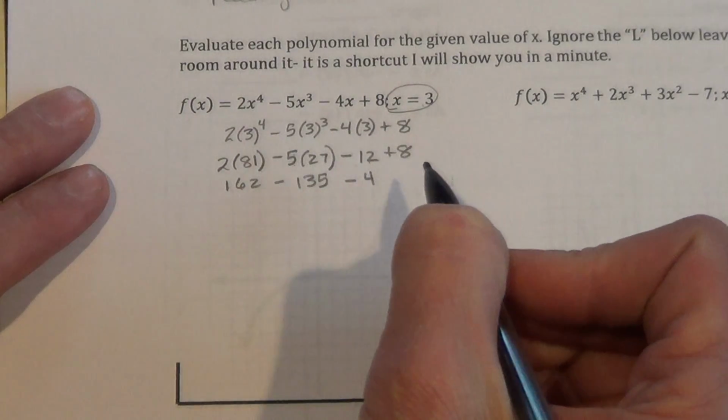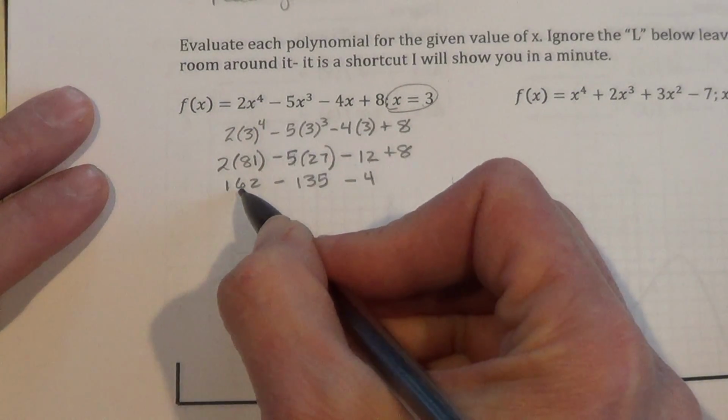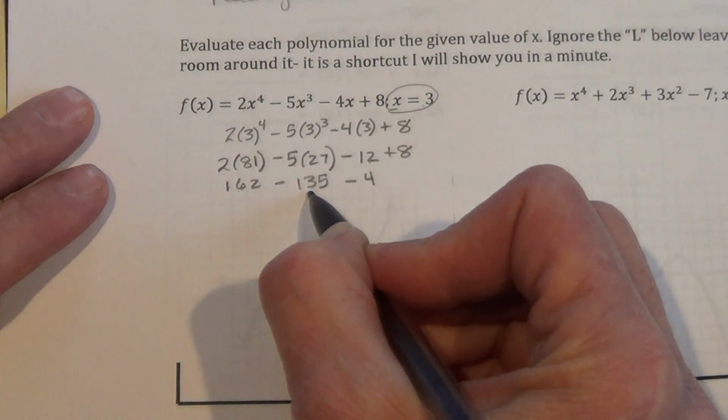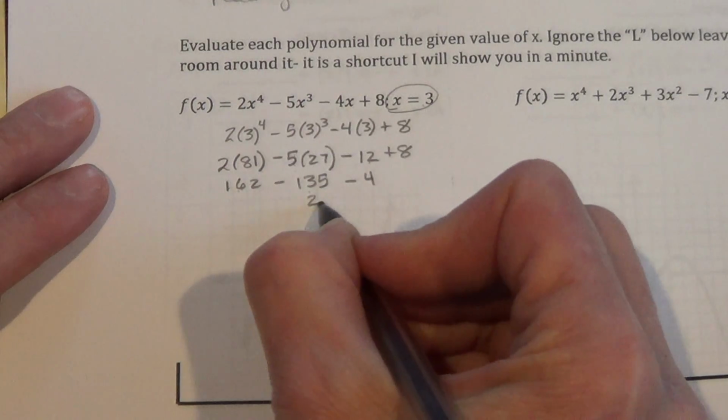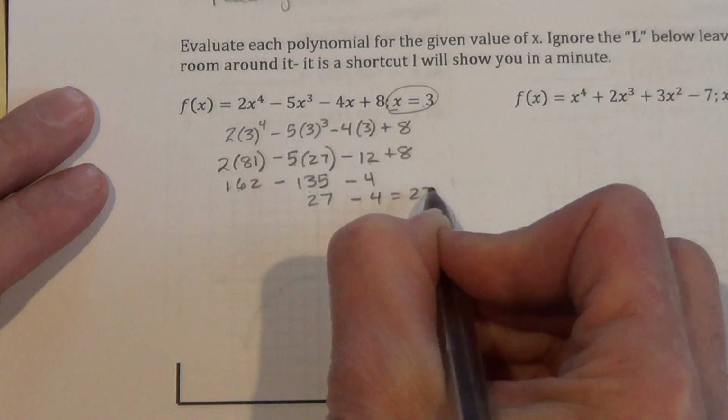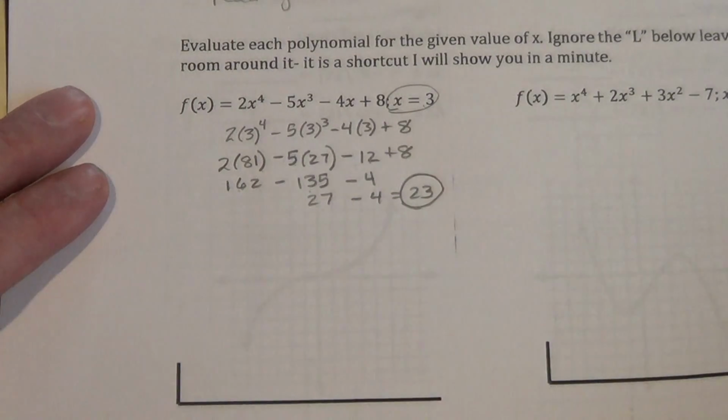Now if we put these together, 162 minus 135 is 27, minus 4 is 23. Okay.